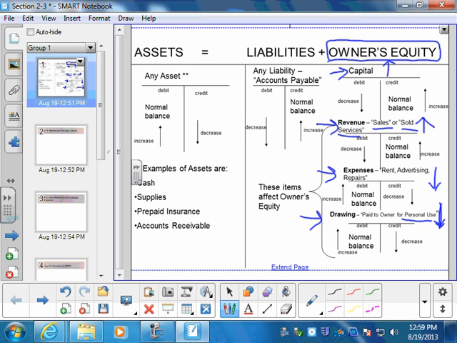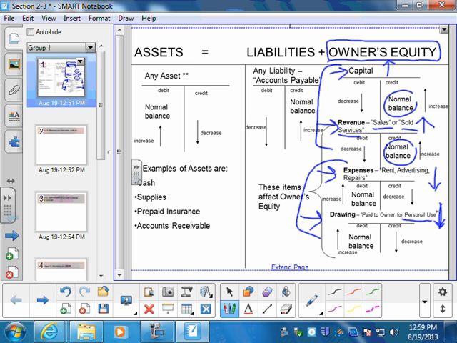So capital and revenue, these two make owner's equity go up. And if they make owner's equity go up, it stands to reason that their normal balance side is going to be a credit, because owner's equity is on the right side of the accounting equation. So they're going to increase with a credit and decrease with a debit. On the other hand, expenses and drawing make owner's equity go down.